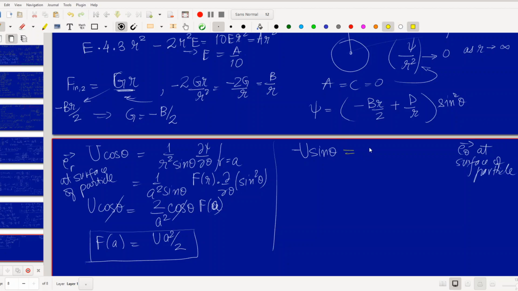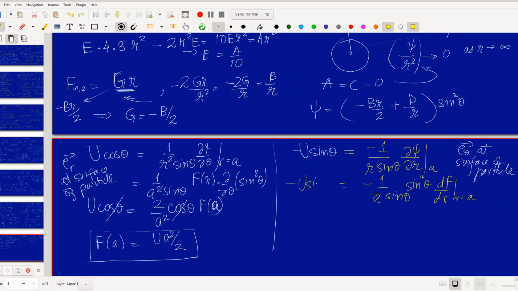This was equal to minus 1 upon r sine theta del psi by del r at r equal to a. So minus 1 upon a sine theta. So psi is capital F times sine square theta. So sine square theta goes out. Sine square theta dF by dr at r equal to a.